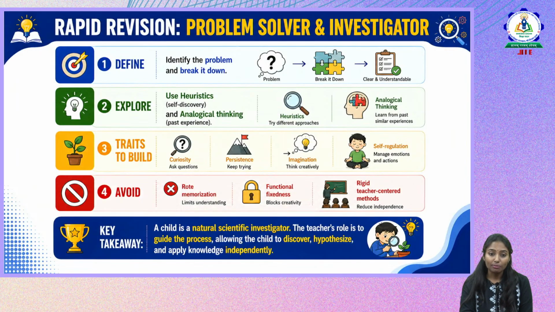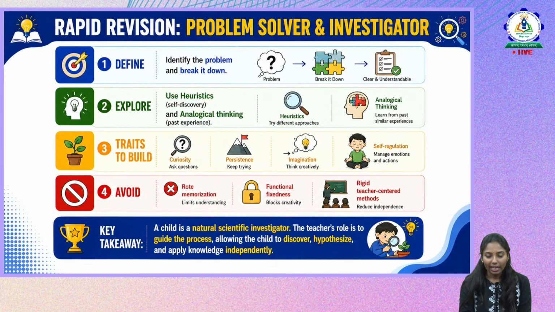We also talked about types of problems: ill-defined, ill-structured problems and well-structured problems. We talked about different types of problem solving: heuristics, analogical thinking, algorithms, means and ends. We also talked about the traits of a problem solver and the traits of a scientific investigator. We have talked about all these things.